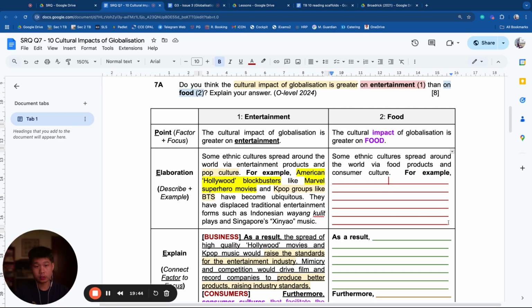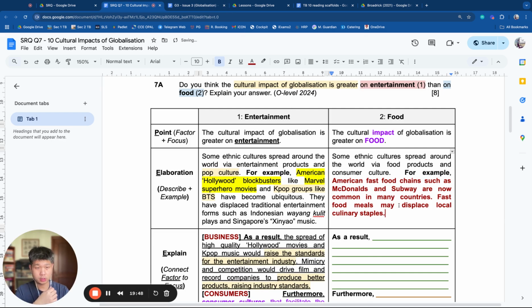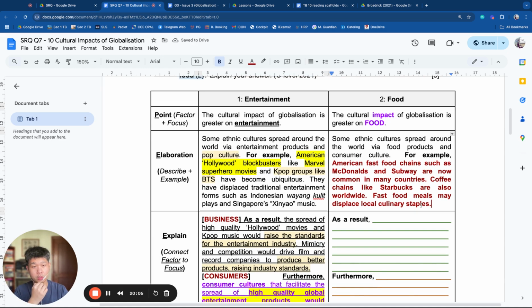For example, American fast food chains like Subway and McDonald's are common in many countries. Coffee chains like Starbucks and Coffee Bean are also worldwide. And fast food meals may displace local culinary staples.